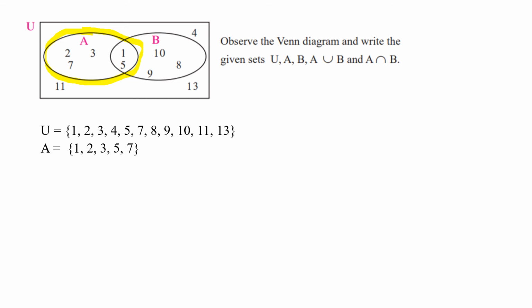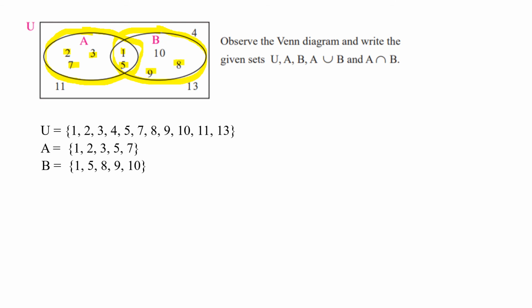The whole circle is set A. So what are the elements? 1, 2, 3, 5 and 7. Got it? Now our next question, what is given? What is B? Now set B, the whole circle will come. So it is 1, 5, 9, 8 and 10. Set B contains these.